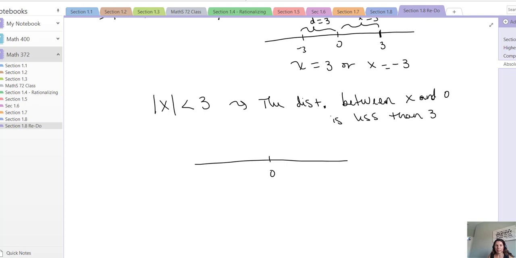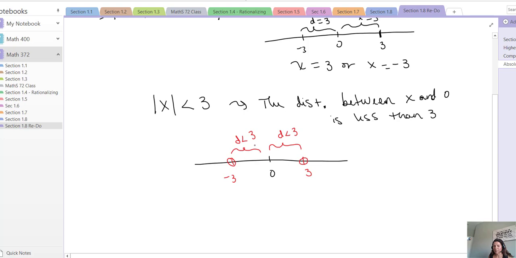If I go all the way to 3, notice that it doesn't have an equal, so I don't want the distance to equal 3, but just less than. So anything in here, the distance will be less than 3. And likewise, if I go to -3, not including 3 or -3, the distance here is less than 3.